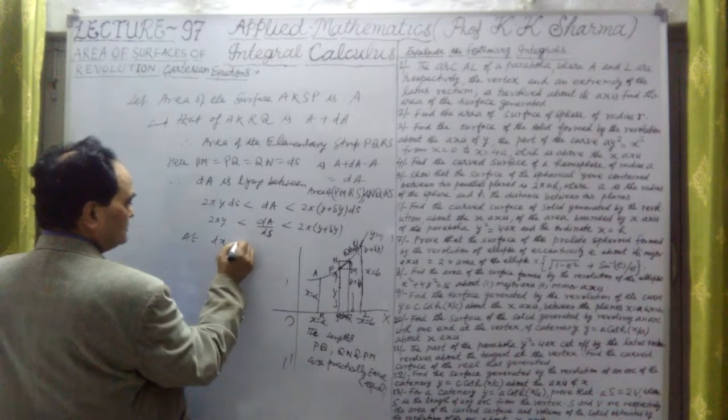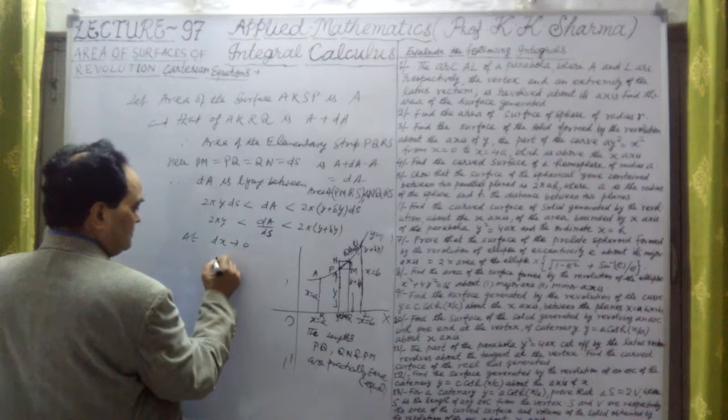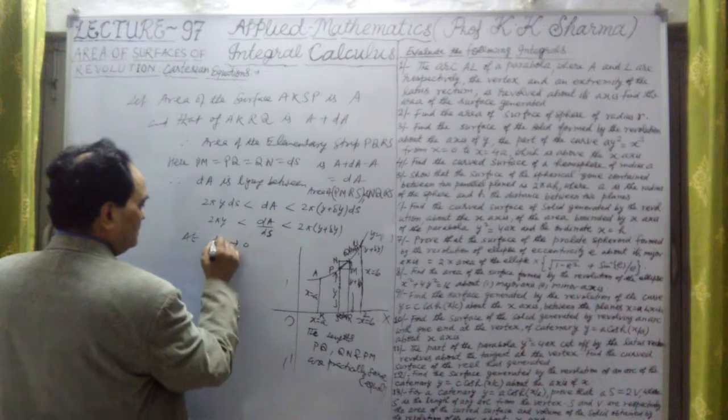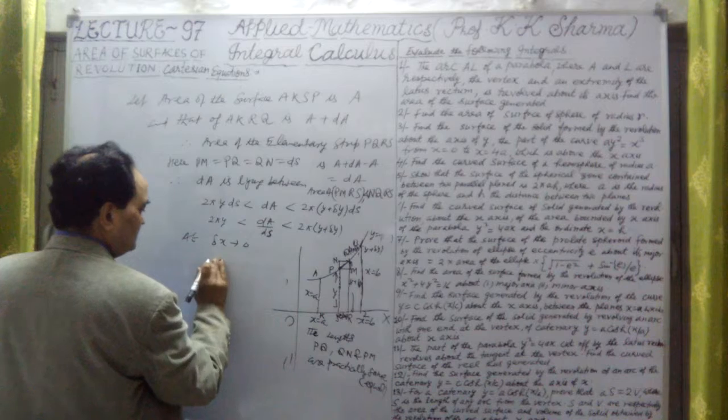At dx tends to 0, delta y or dy, this is delta y here. If delta x tends to 0, then delta y also tends to 0.